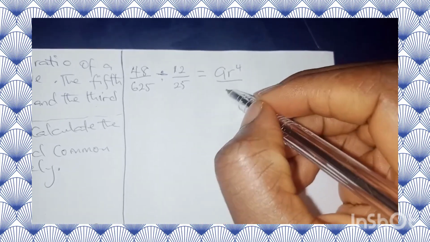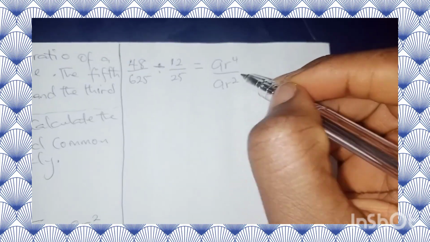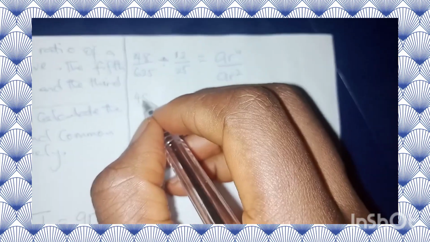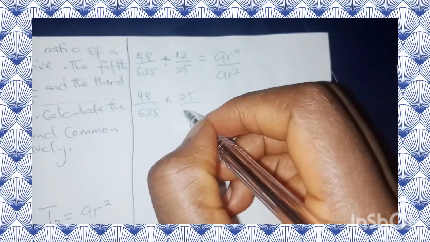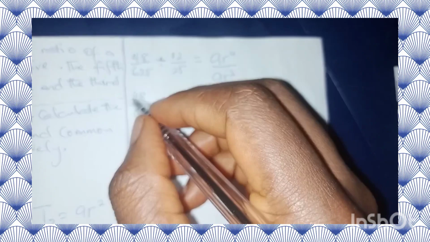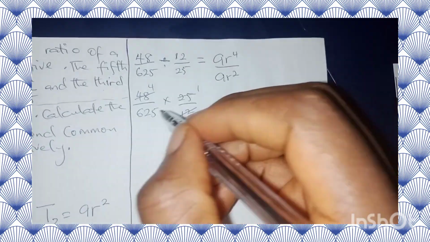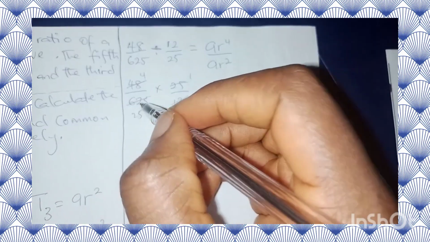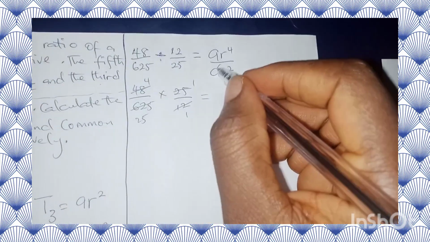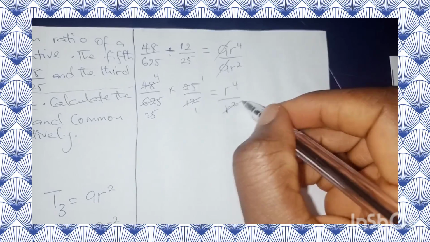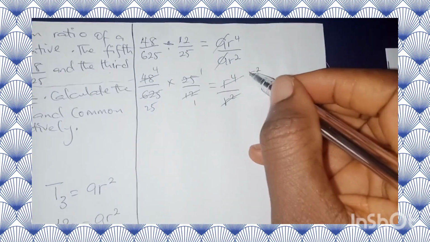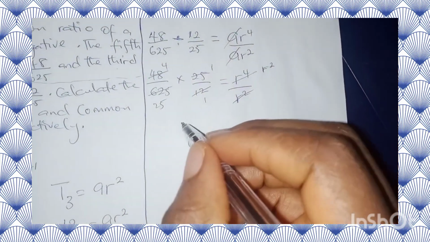So we write that as seen in this video. So we proceed. Remember, when changing your division to multiplication, the number on the right hand side interchanges. So instead of writing 12 over 25, we represent it as 25 over 12, and we divide respectively. 25 into 625 will give us 25, and 12 into 48 will give us 4.